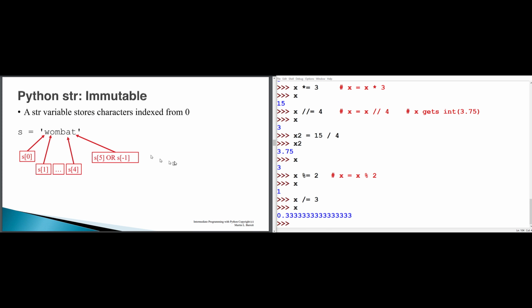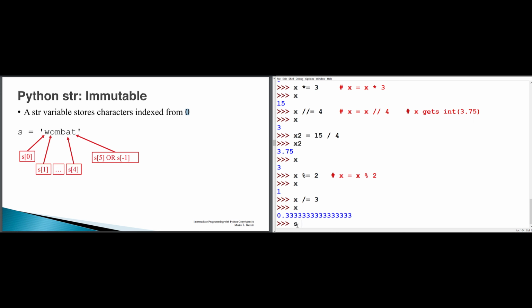All right, so that takes care of arithmetic operators. Next, we're going to take a look at strings. A str variable is a sequence of 0 or more characters where the very first character in the string can be accessed using the index sub 0 when you use the square bracket operator.